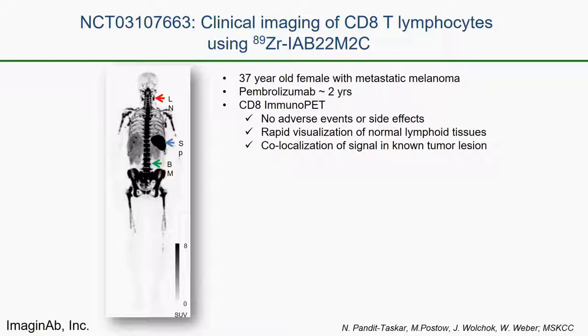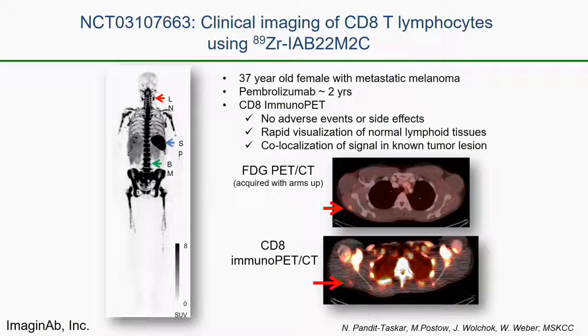And what we see here is rapid visualization of the normal lymphoid tissues in a human. So for the first time, we're seeing spleen, bone marrow, and lymph nodes based on directly imaging the CD8 T cells in those normal lymphoid tissues. And then what's even more of interest and potentially very exciting is that if you now look more closely here, this is from the FDG PET, and this is a small lesion in the muscles in the shoulder region in the patient by FDG.